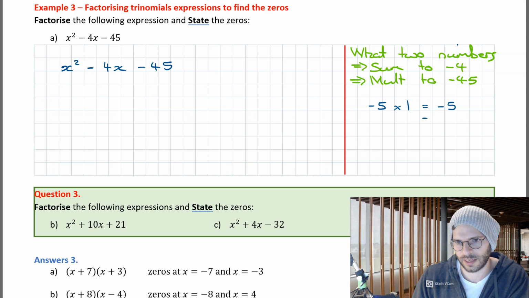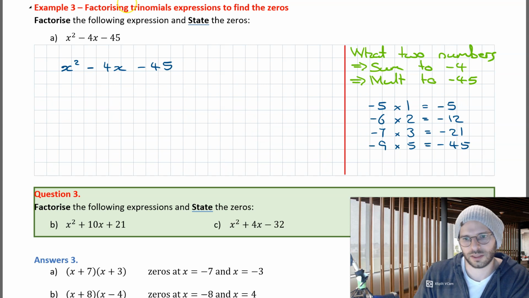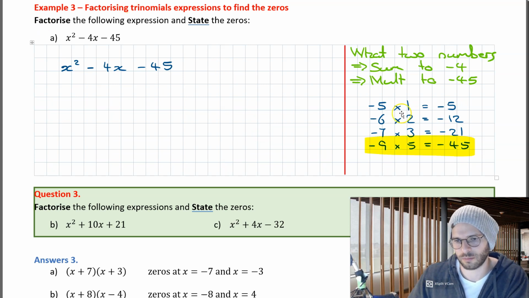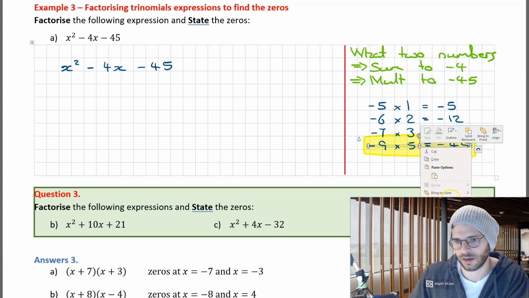So let's move down. Let's go minus 6 times, and this will have to be 2. So one gets more negative, the other gets more positive. That will be minus 12. Let's keep going. And thus we can see that our numbers are minus 9 and 5.